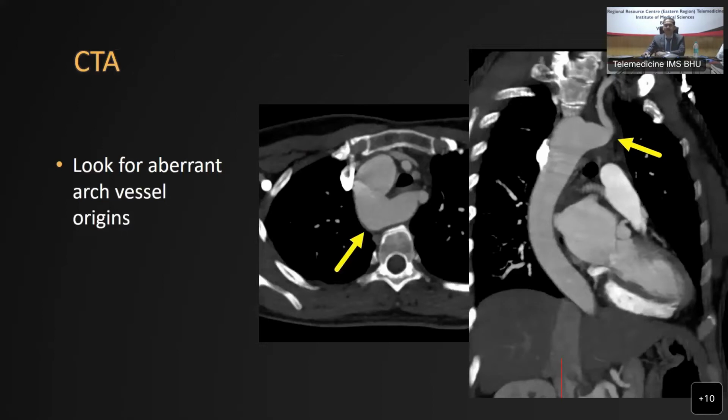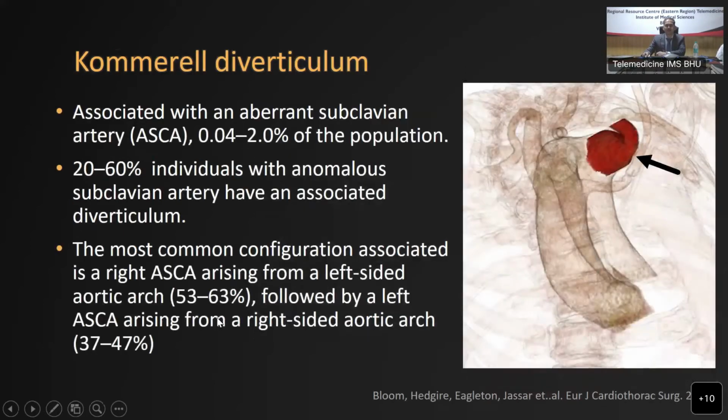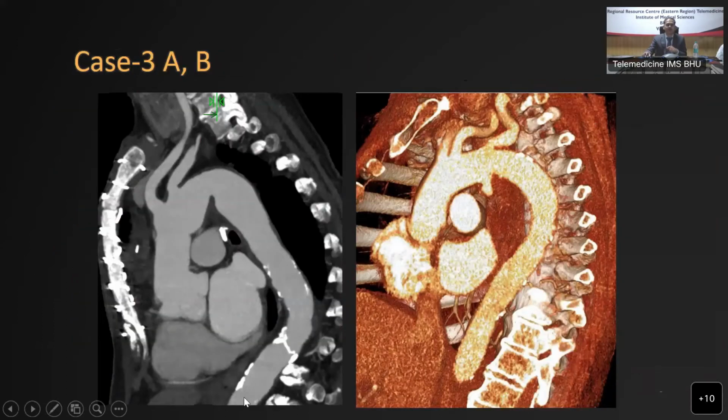When we look at these cases, we have to describe which vessel is coming from which part precisely, especially if these patients are undergoing surgery in setting of symptoms. The most common configuration is the right aberrant subclavian artery arising from left-sided arch, followed by the left aberrant subclavian arising from the right-sided aortic arch. So some trivia there.